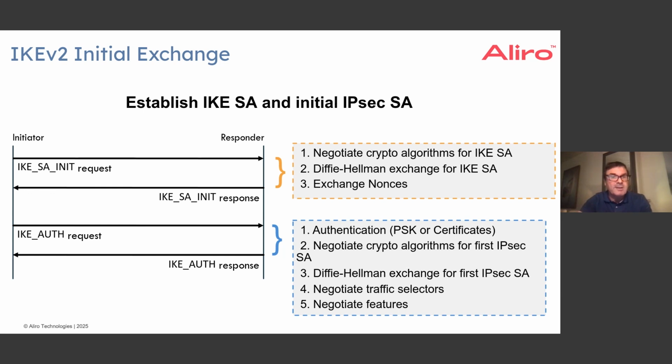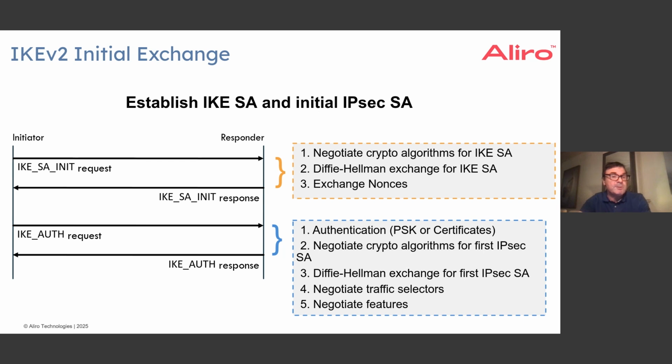Then the IKE auth exchange, which follows it, does several things. First, it allows the two IPsec gateways to authenticate each other using either pre-shared keys or certificates. Second, it may negotiate, optionally, the cryptographic parameters for the first IPsec security association separately.